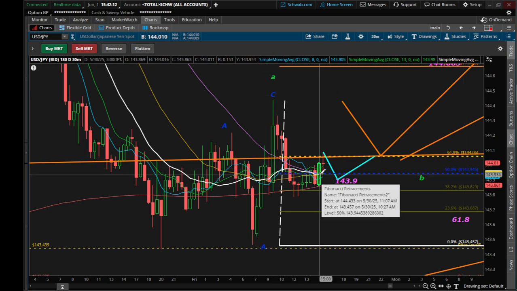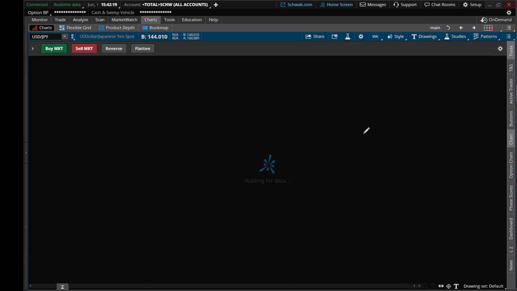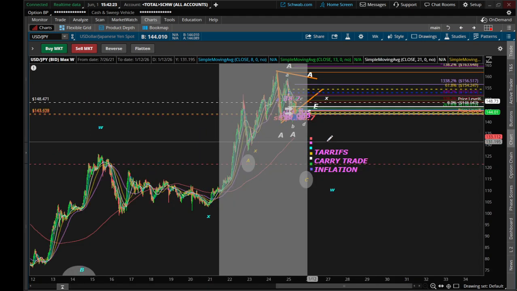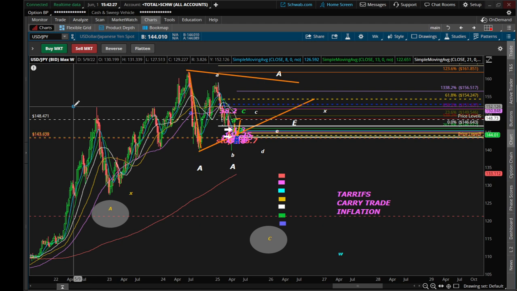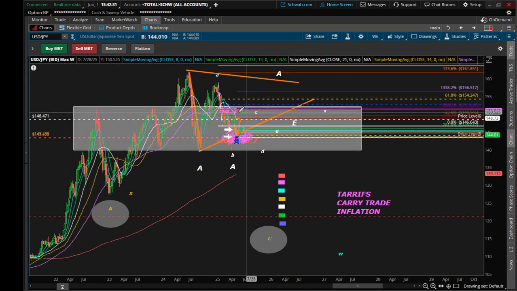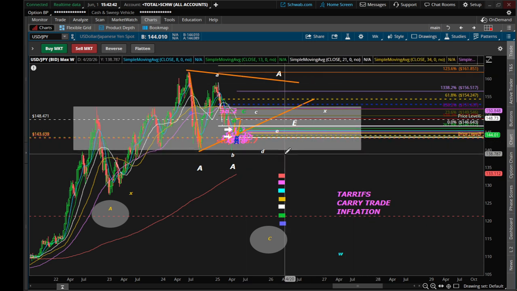So that's another thing, is the trading range. We do have that consolidation. I'm going to go to the weekly real quick. And there is a zone at around the 150 area to 140 area. Okay, draw your box there, look at your resistance levels and your support levels, and this is going to determine probably whether we have a breakout to the upside or a breakout to the downside.